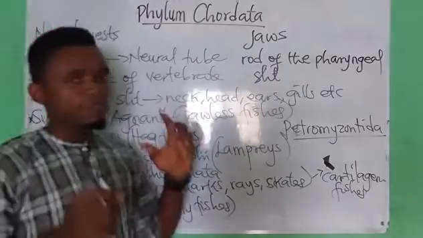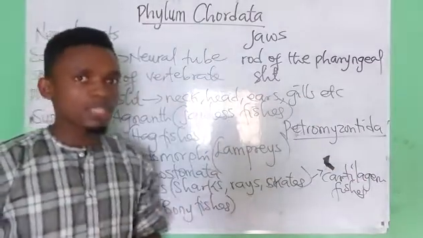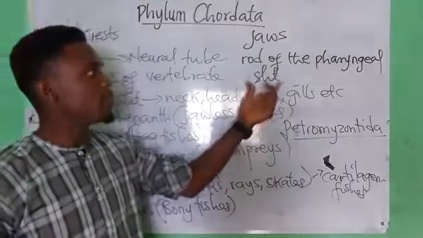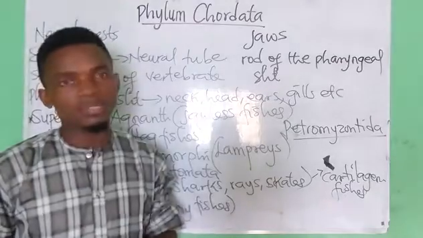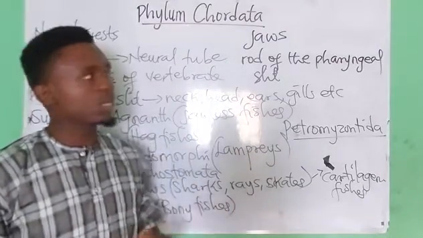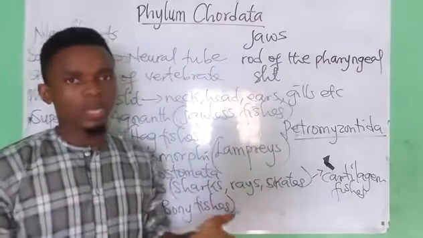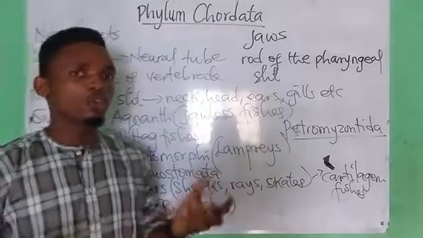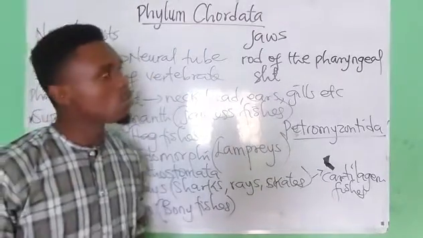Now if an organism possesses jaws, what does that tell you? It means that it has the ability to eat a variety of food substances. It can be a carnivore, an herbivore, or an omnivore. For example, humans are omnivores.